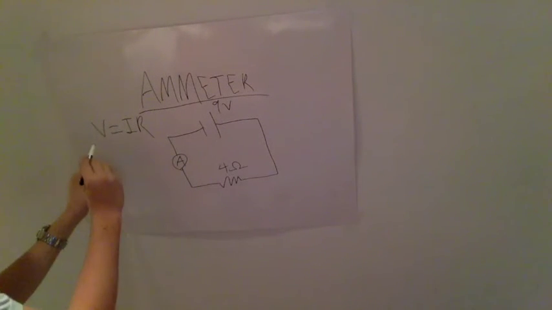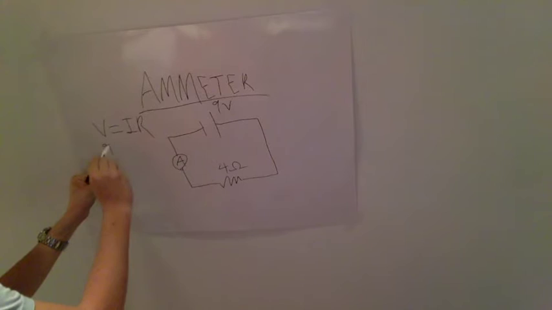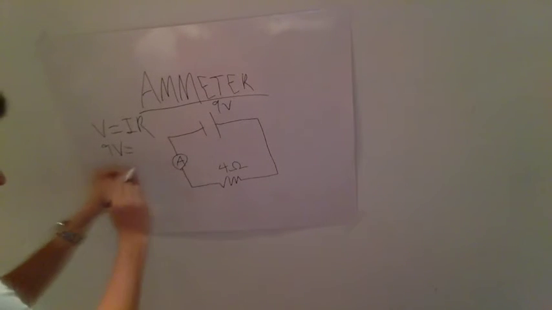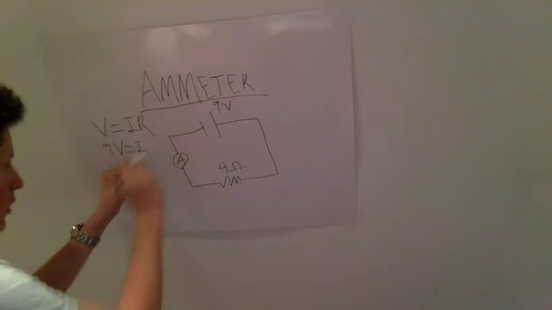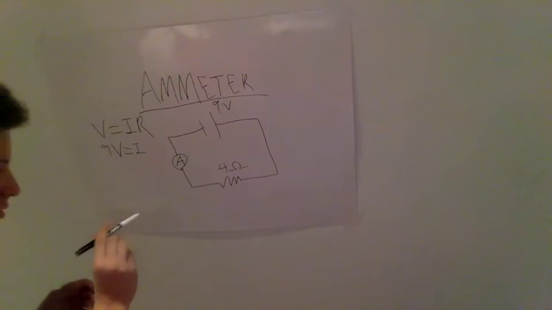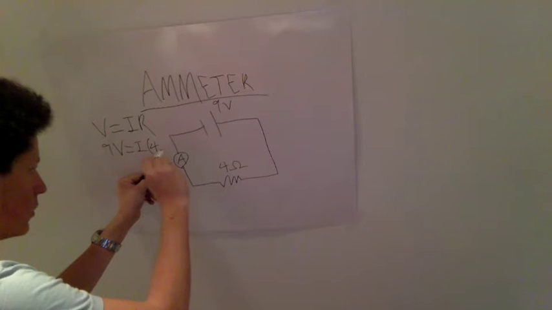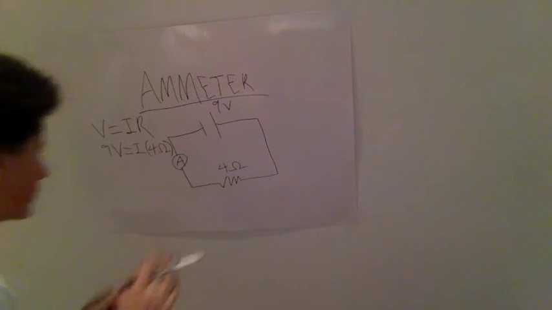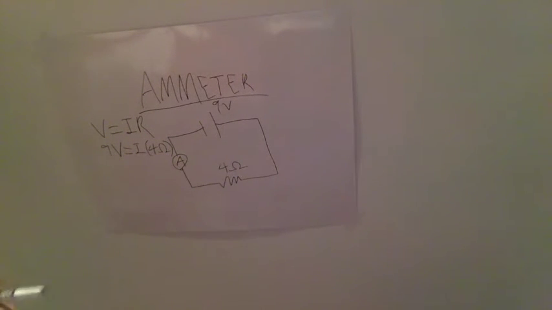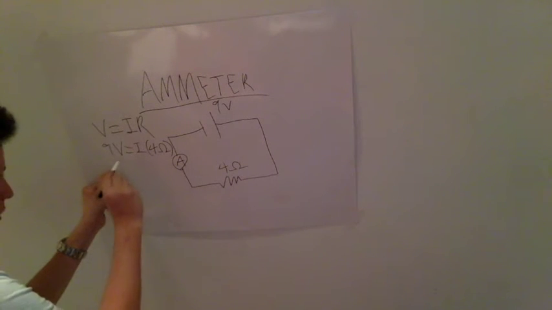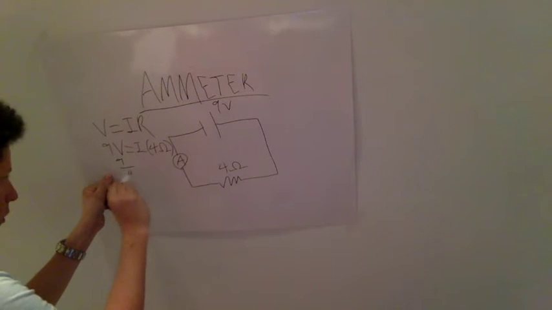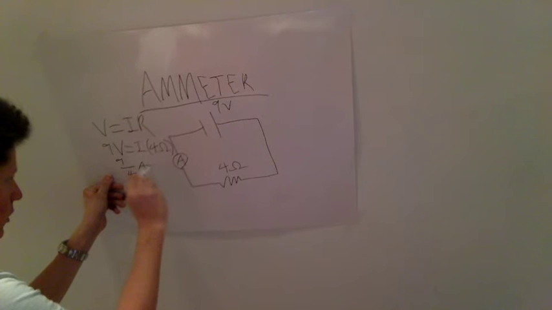In this case, the voltage is 9 volts from our 9-volt battery. The current is unknown, and the resistance is 4 ohms. So, if we quickly solve for I, we will find that 9/4 amps is the current.